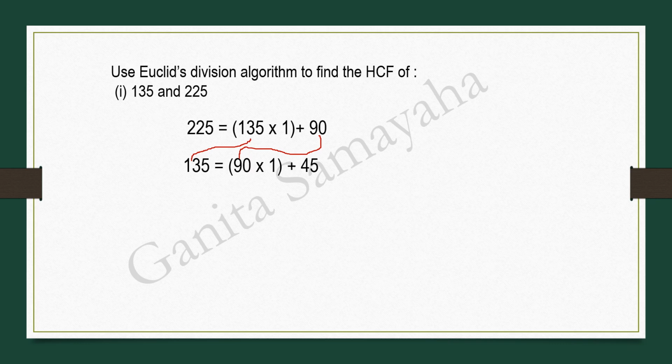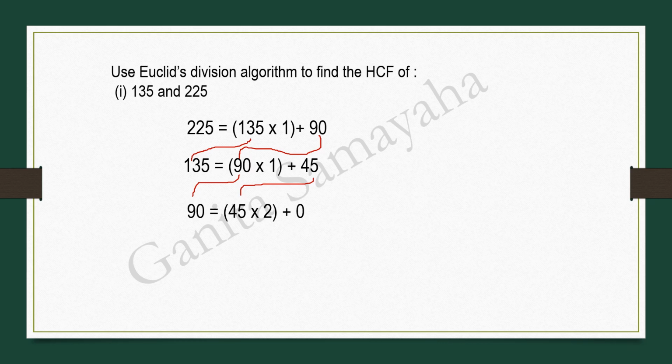Now what happens? 90 becomes our dividend and 45 becomes our divisor. Is it clear, children? So we have to express 90 in terms of 45. 90 = 45 × 2 + 0.